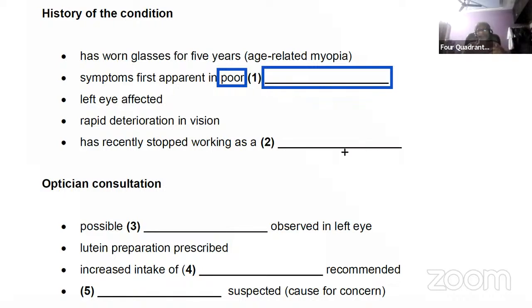Clever boy, poor light. Okay. So like that. What exactly will you get here? Symptoms first apparent in poor dash.